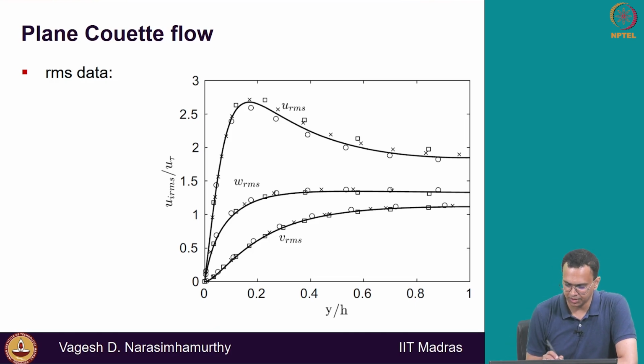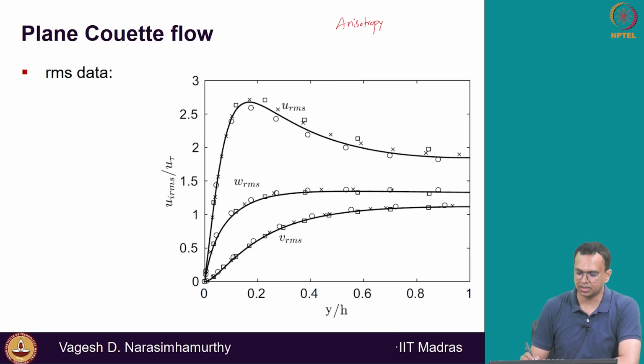So now, in addition to this anisotropy that we discussed, there is something else that you need to look at in this graph. As this is the wall, at y equal to 0, as you approach the wall, what do you notice here in the data?